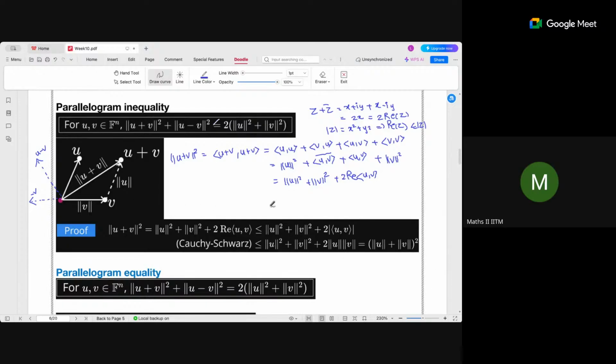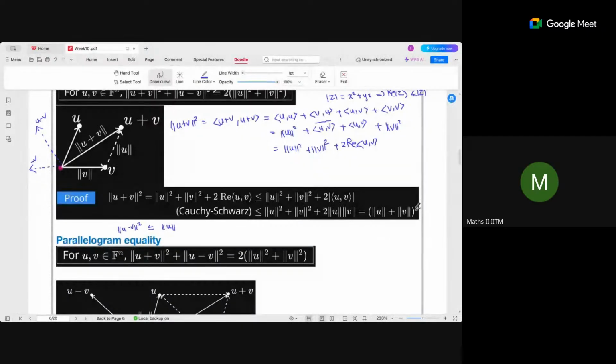This exact same thing you can again do with u minus v. When you have u minus v, then you will have a similar thing. So again norm u minus v whole square, you can come up that this is less than or equal to norm u plus norm v whole square. Here some proof is missing, I guess.